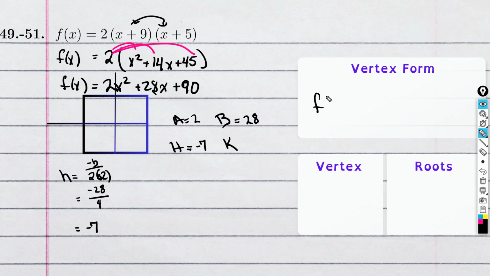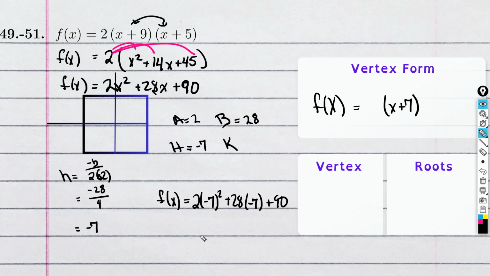So my vertex form, that's going to be the opposite of that is what's in the parentheses. Now when I plug it into the original formula, it really doesn't matter which one I plug it into, I end up with the number negative 8.